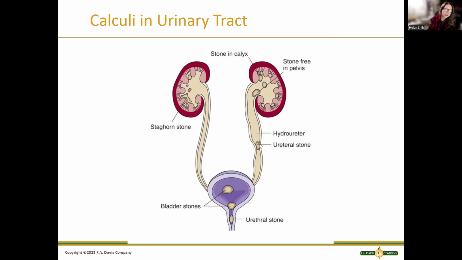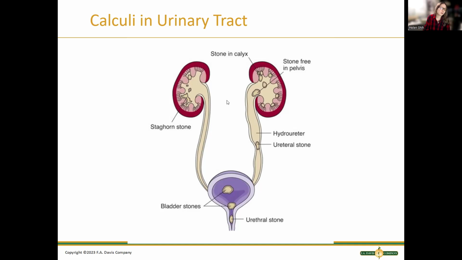If that happens, there would be a backflow of urine in that particular ureter, and the ureter will develop a condition known as hydroureter, hydro meaning water, ureter meaning ureter. You can think of it as a waterlogged ureter, meaning there's way too much fluid in that ureter and it's causing backup and also changing the structural integrity of the ureter itself.